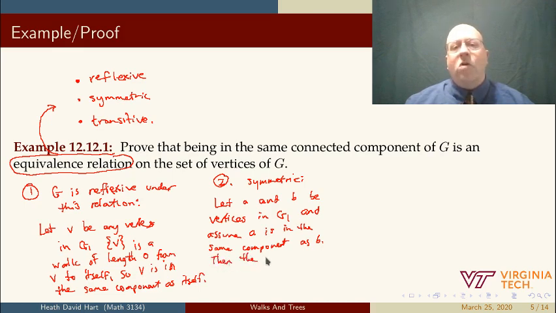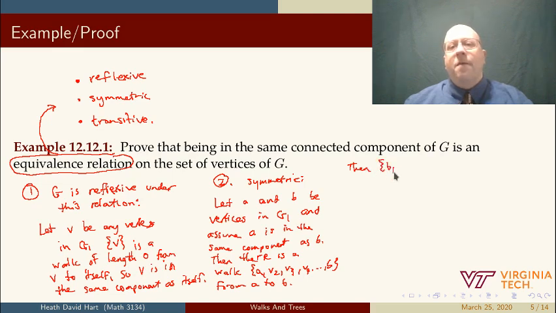Then there is a walk A, V2, V3, V4, B from A to B. But now we have to find a walk from B to A. We just follow this walk in the reverse direction.